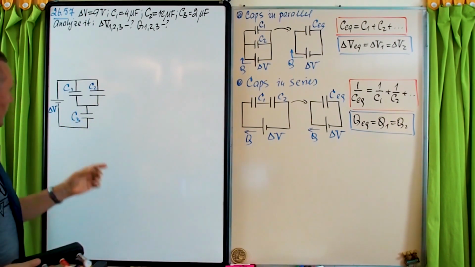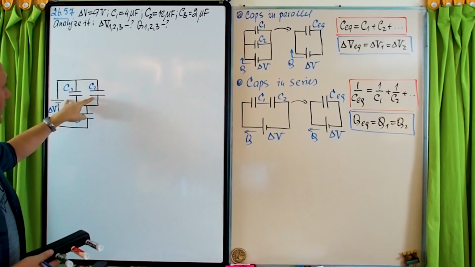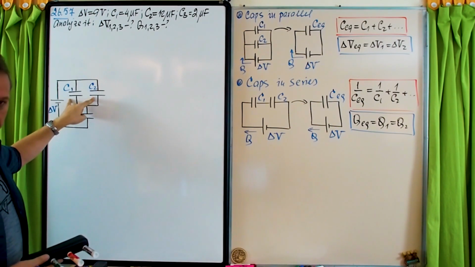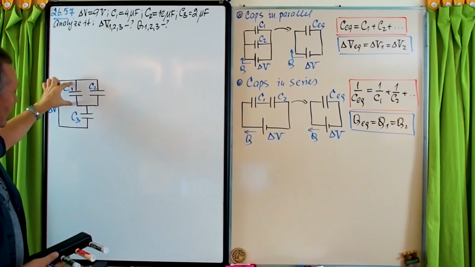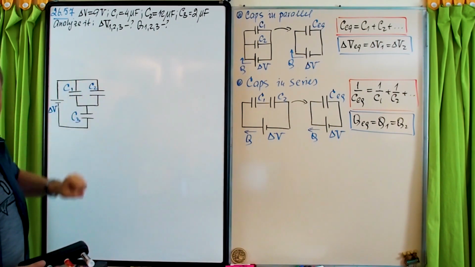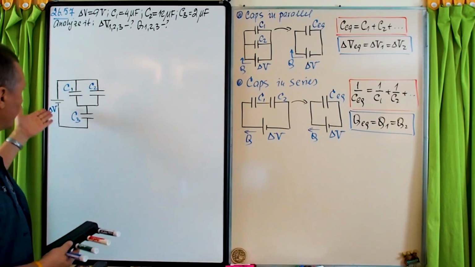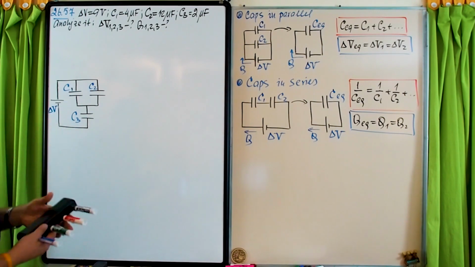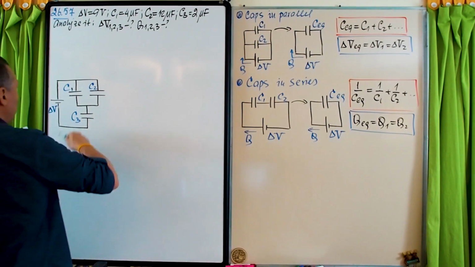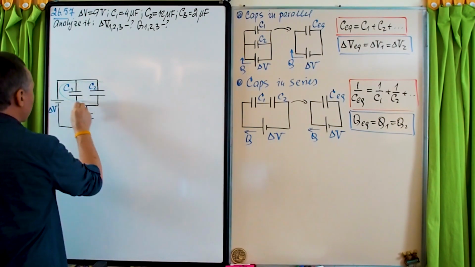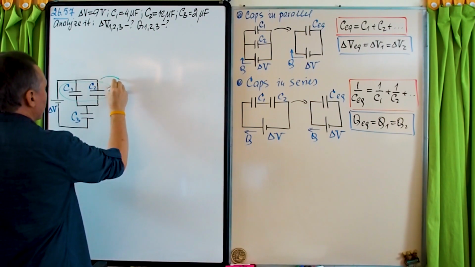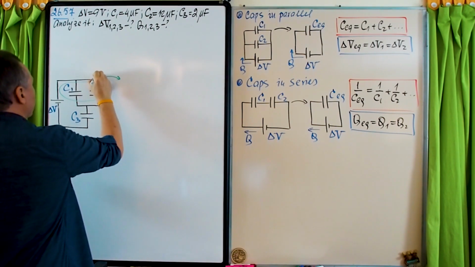Usually the answer is obvious. So C1 and C2, they are connected in parallel, because the potential difference across this capacitor equals the potential difference across that one. It doesn't matter which battery you connect. All right, so these 2 guys are connected in parallel.